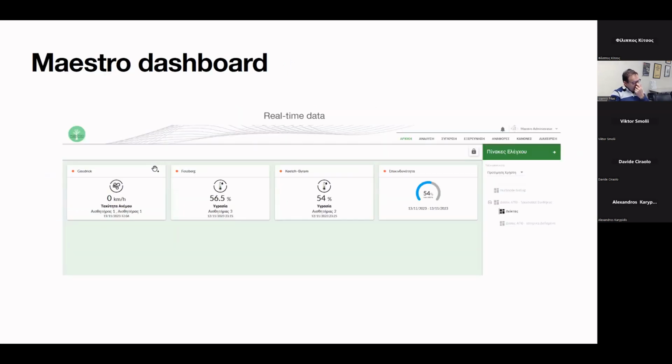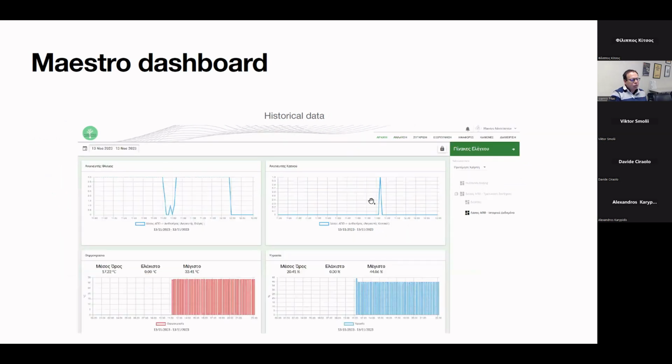You can see here some screenshots of the dashboard. You can see here measurements of the wind speed, measurements of the humidity here, and here what you see on the right is the risk estimate based on the Fosberg indicator.